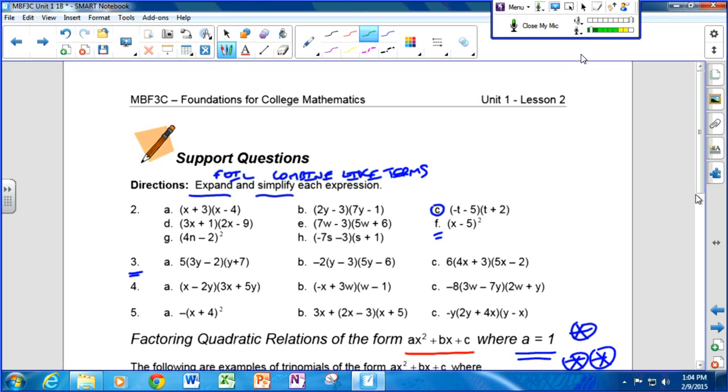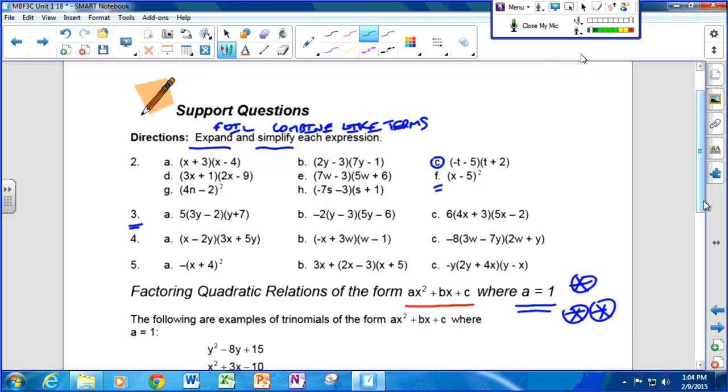The process that I was showing you is that you use FOIL, and the first step is to figure out the sign. Because if you figure out the sign first, then you write it down, and you're not going to have any problems with it. And then you can work out the actual numeric values or the variable values. Okay, so that's using FOIL.